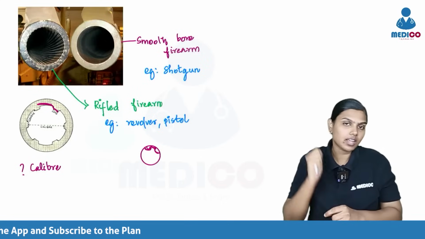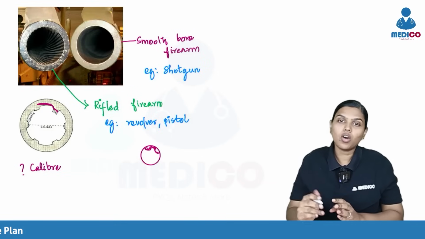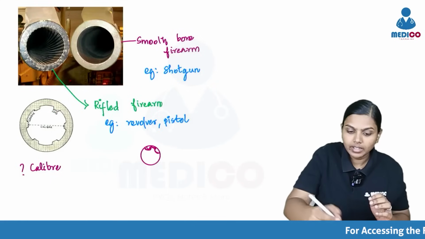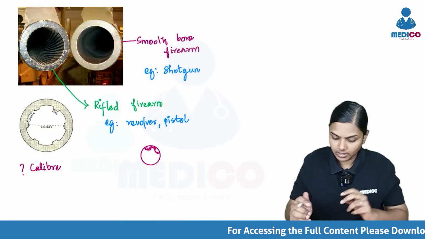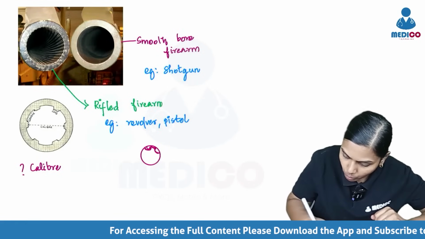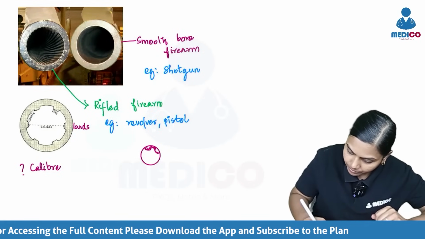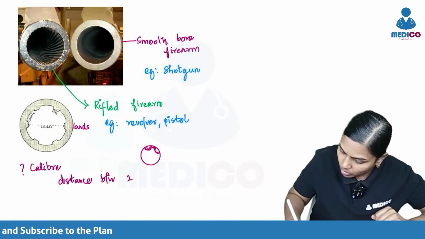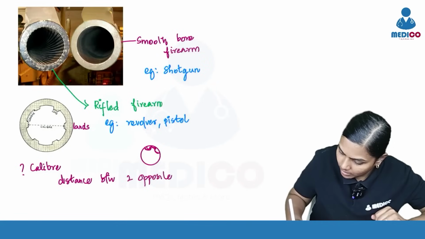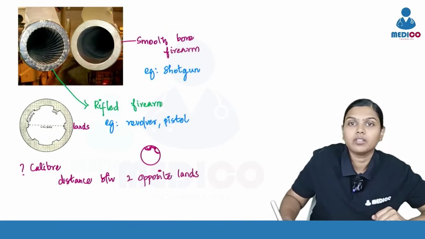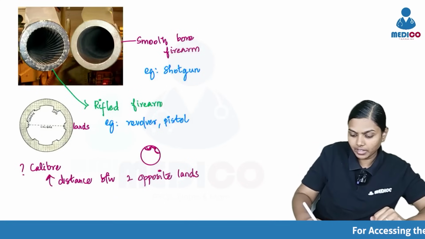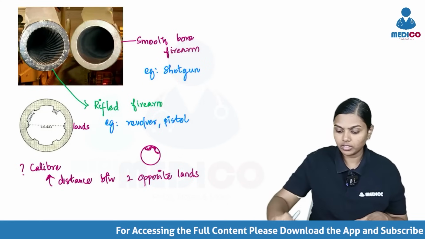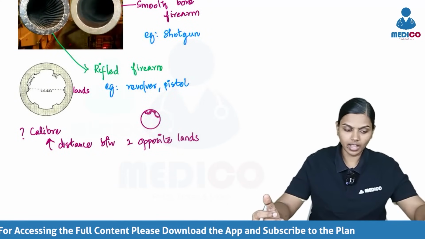Now we measure the distance between two opposite lands. That is your caliber. Caliber is nothing but the distance between two opposite lands. Clear? There will be questions on this, so we have to know it.